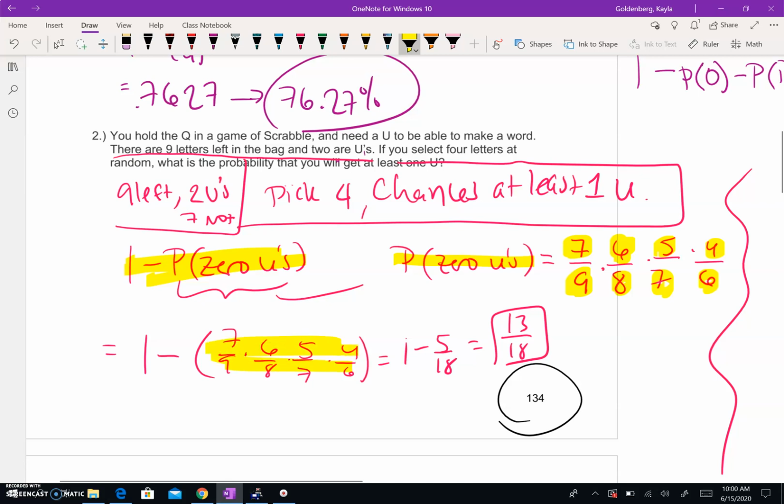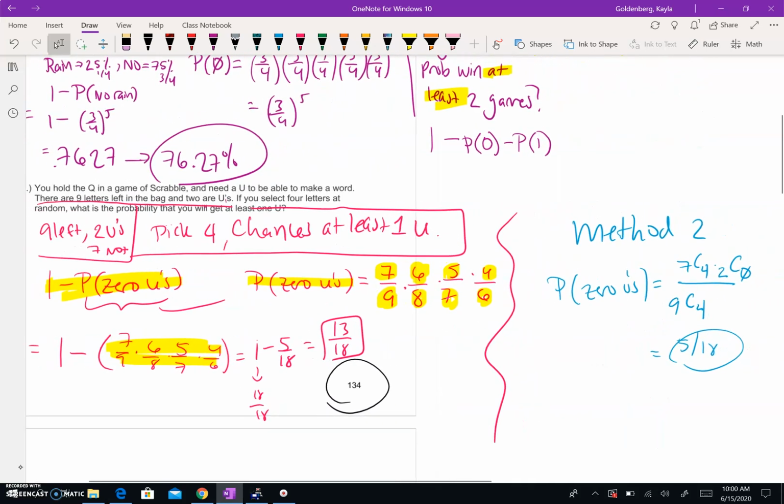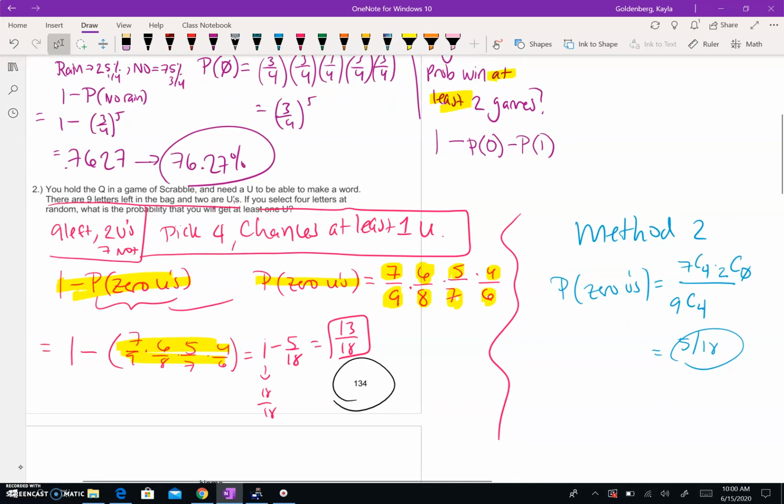When you do 1 minus 5/18, remember you can think of 1 as 18/18. It becomes 13/18. There's actually a method too, if you saw it this way, you might have. Some of my students really prefer to do probability problems using combinations because it comes a little bit more easily to them.